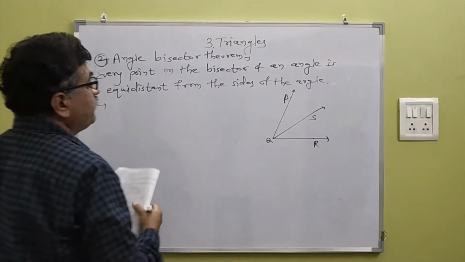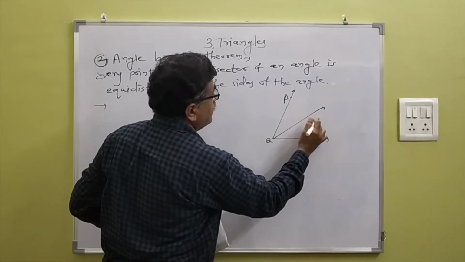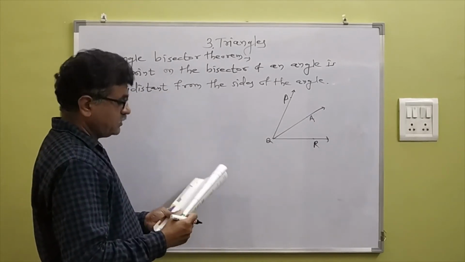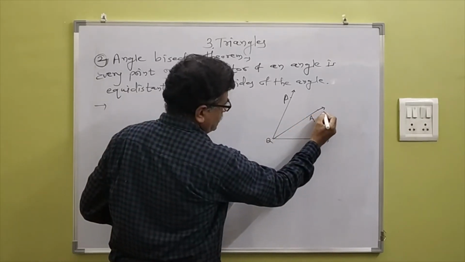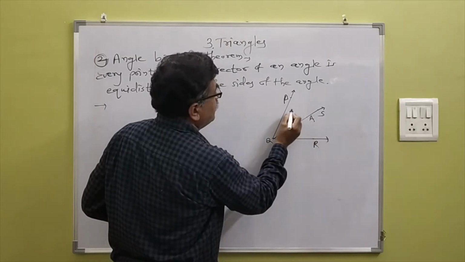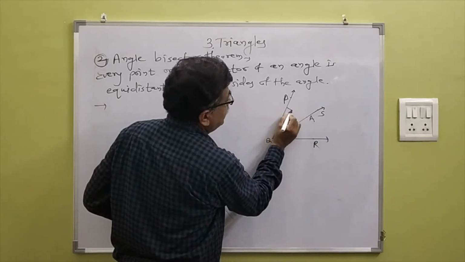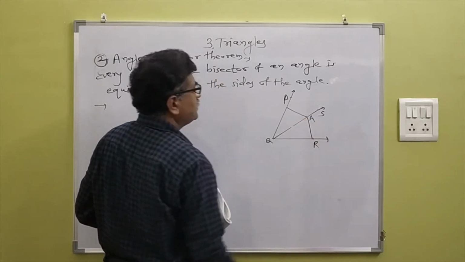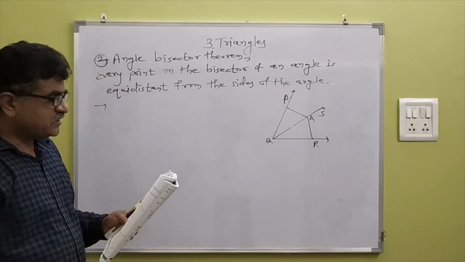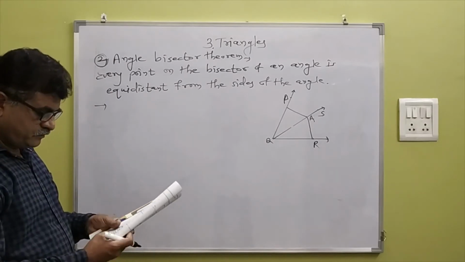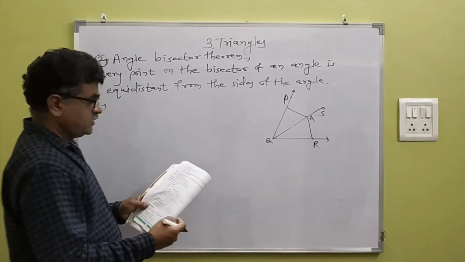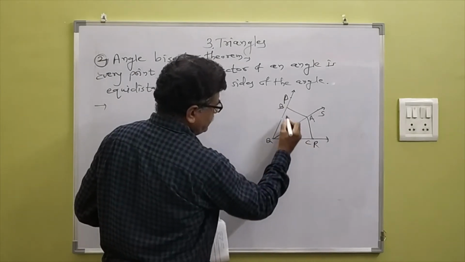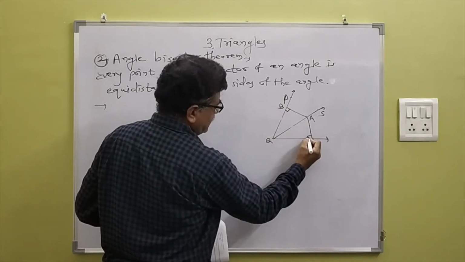Now we have to show this point is equidistant from these two sides. Suppose this point is A, this point B, this point C. This is right angle.